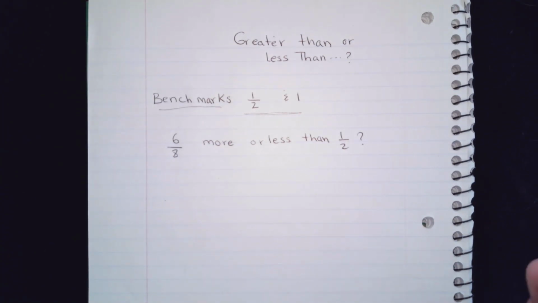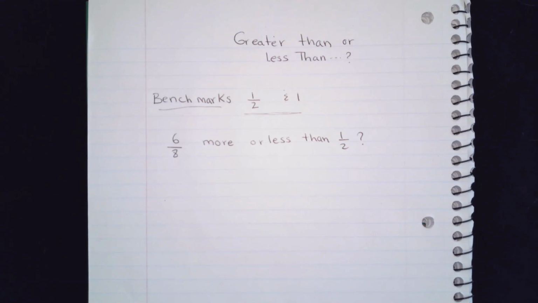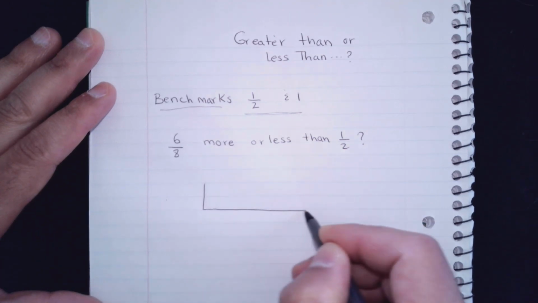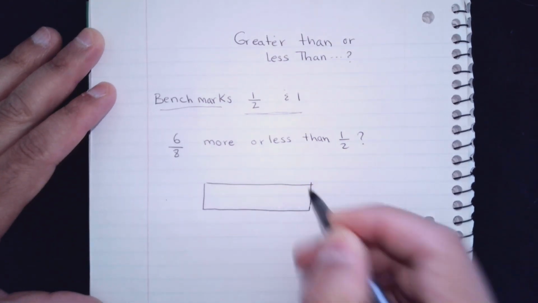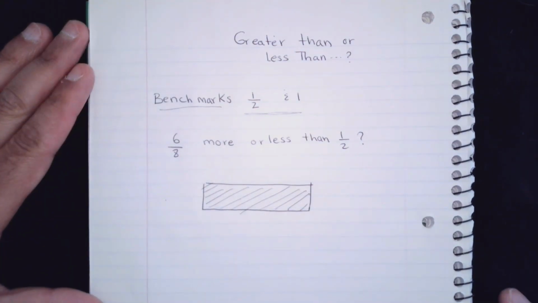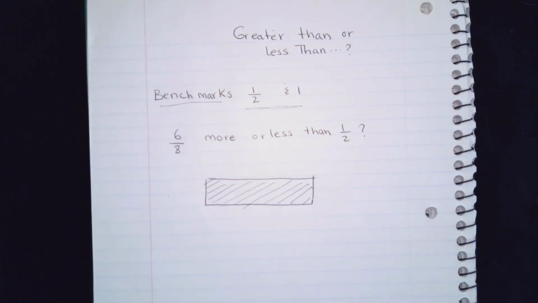A benchmark is a sign or a mark that is so easy to help you figure out the quantity of something. So, for example, an easy benchmark is a full set. When you have something full, that's easy to compare quantities with.